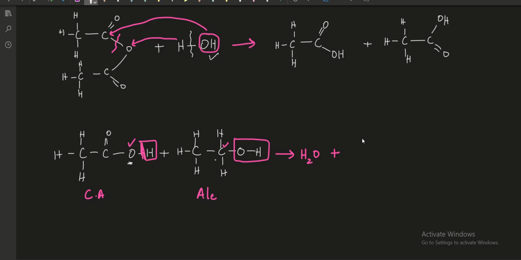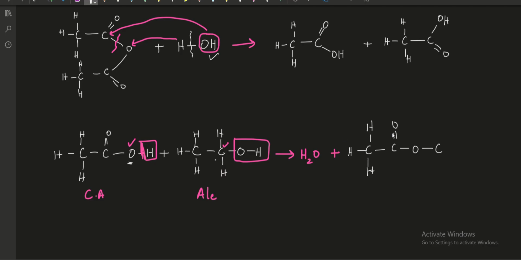So let's join it. I'm writing the first carbon of the carboxylic acid, then CO, then oxygen, and I have to attach this oxygen with this carbon.